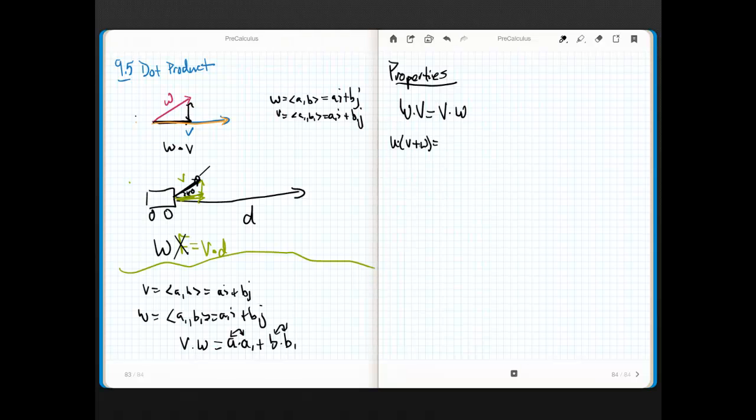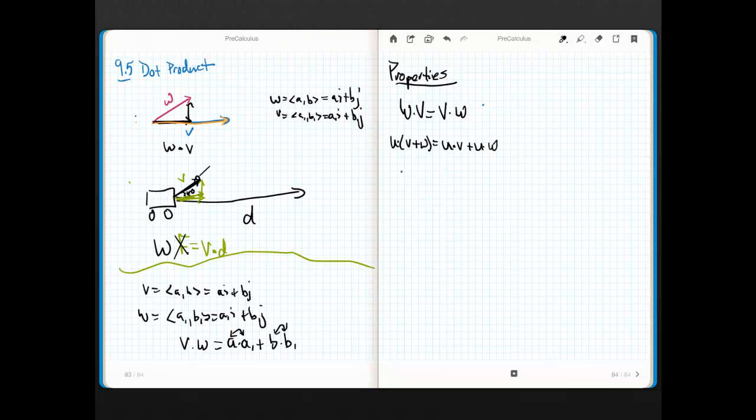So if I dot U with the sum of two vectors, I can rewrite this as U dot V, because there's no real multiplication of that. Whoa, that was crazy. It's not U times V, it's U dot V plus U dot W. And that opens up a whole world of prospects for us.